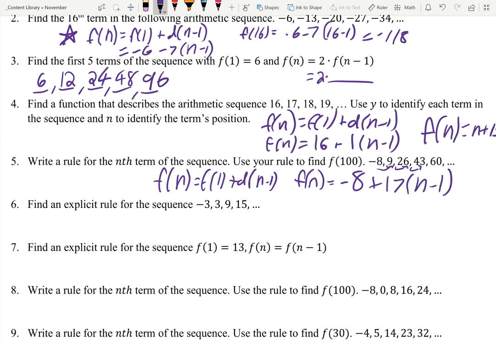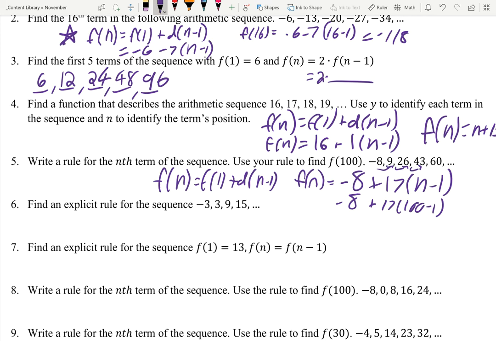Now if we want to find the 100th term, we're just going to plug 100 in for n. So -8 plus 17 times 100 minus 1, which is, of course, 99, right? So when we calculate this, we're going to do 17 times 99, and then add -8 to it.